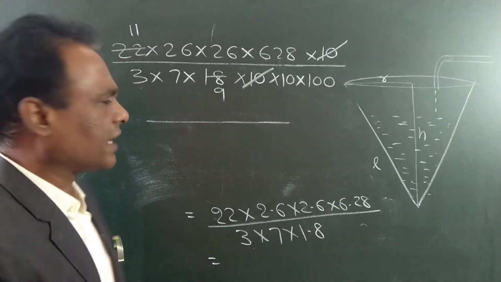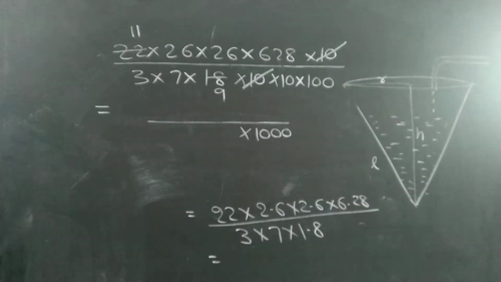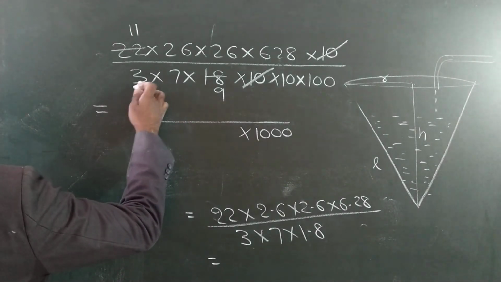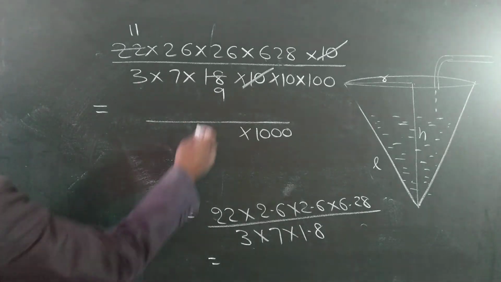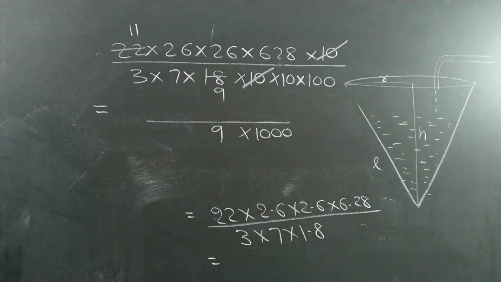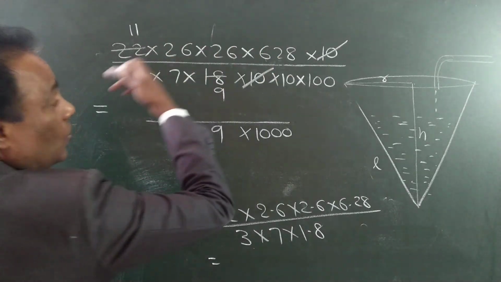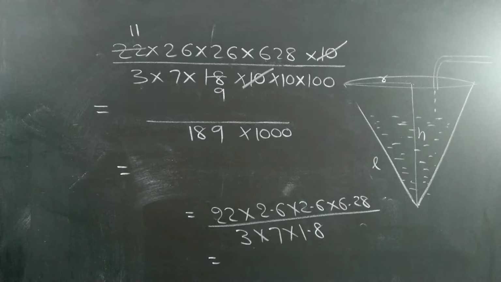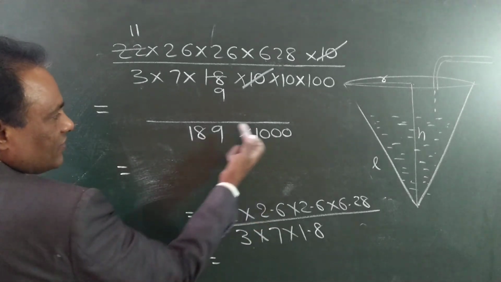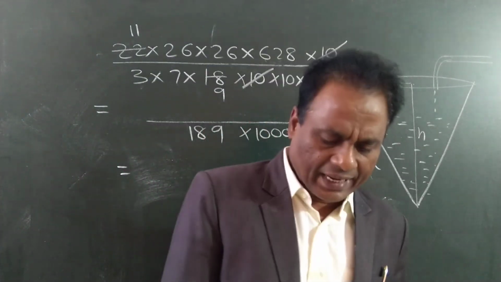Don't consider this 100, write as it is. 3 into 7, 21. 21 into 9, 189. So these 4 numbers you write in the numerator, divided by 189 because no cancellation. After getting some answer, adjust the decimal as per 3 zeros. That is your answer. Do the simplification, because it is a very lengthy simplification.